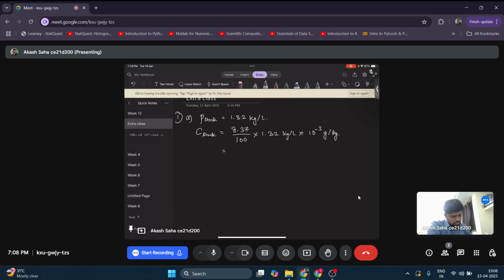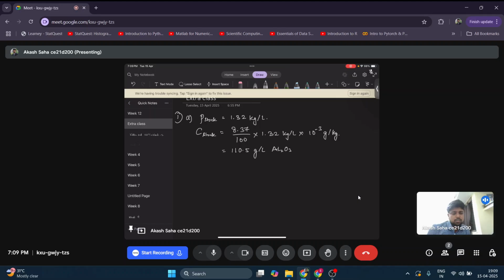We get 110.5 gram per liter, and since this percentage was given in terms of Al2O3, it will be 110.5 gram per liter Al2O3. So directly from the density, we can get the concentration. The amount present in 100, so the 8.37%, we can find out.